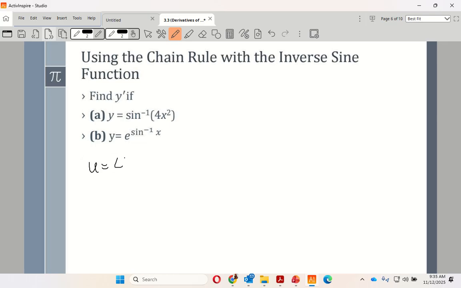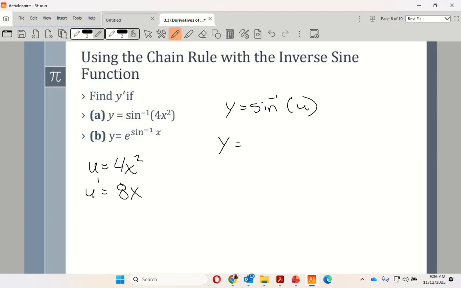U prime. So this is going to be y equals inverse sine of u. And then y prime is equal to, what do we say sine was?